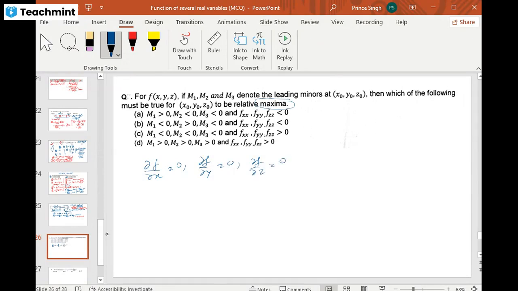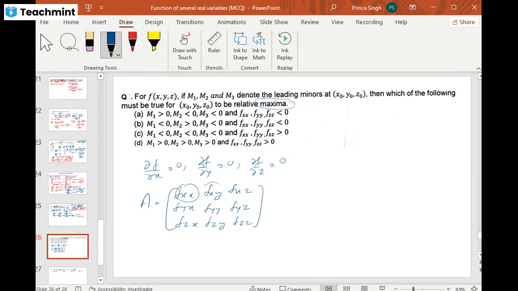And then we construct a matrix A: fxx, fxy, fxz, fyx, fyy, fyz, fzx, fzy, fzz.